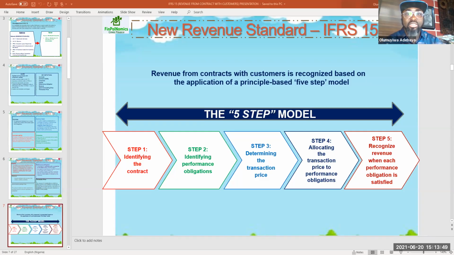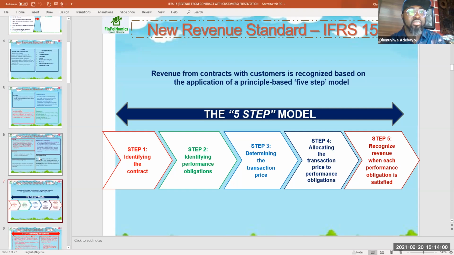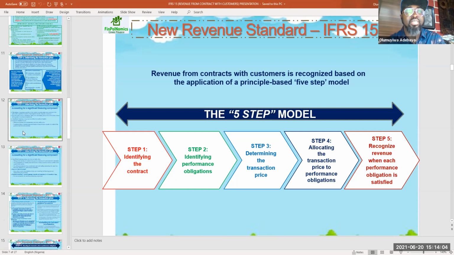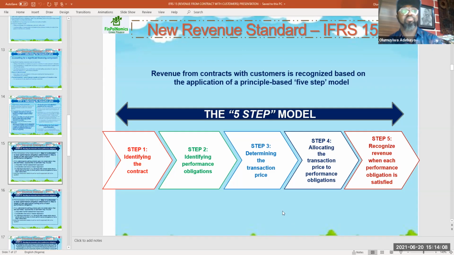We'll introduce ourselves to step 4. And step 4 deals with the allocation of the transaction price to the performance obligations. Now, how do you go about this?